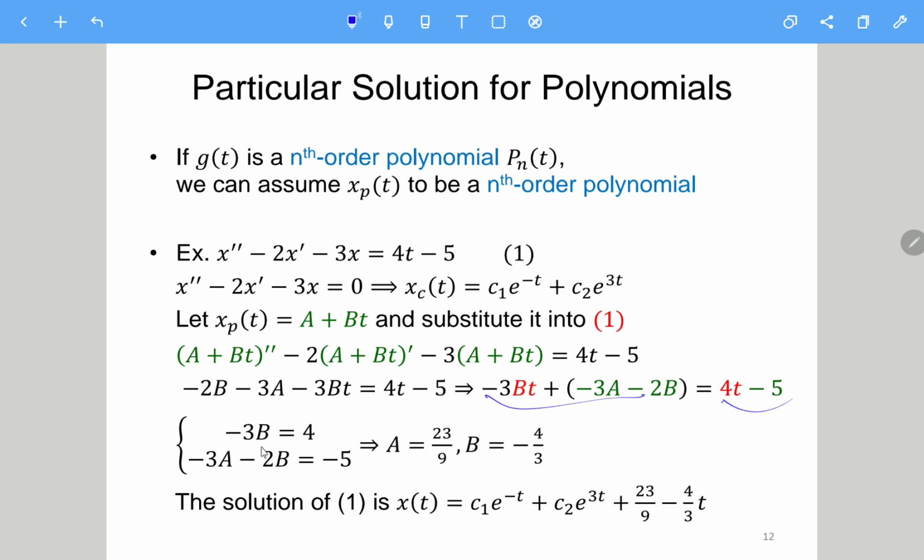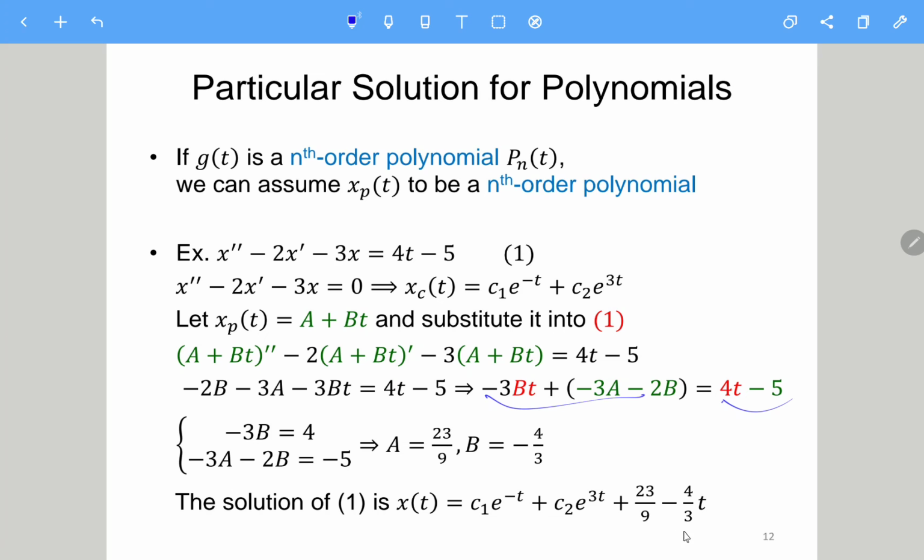Here it is a joint equation with two unknowns, so we can solve it. The solution is a equals 23/9 and b equals -4/3. Plugging it back, this is the particular solution. Finally, the complete solution to this equation is the complementary solution plus the particular solution.